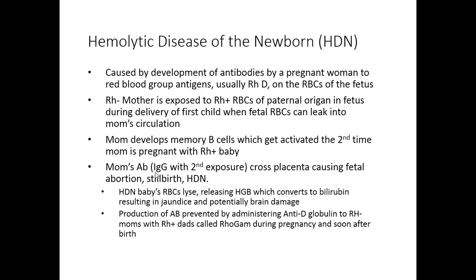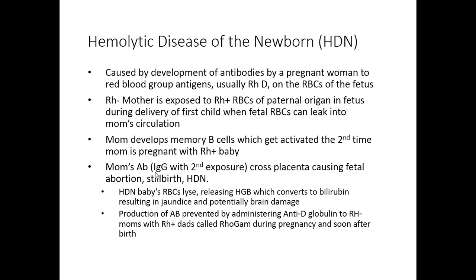But the problem is if she gets pregnant a second time and the next baby also is Rh positive, that's going to put that baby at high risk. And the mother will produce an anamnestic response. She'll produce IgG, which we know does what? It crosses the placenta.